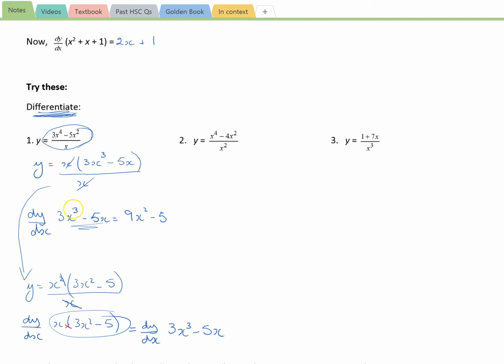Differentiate that, bring the power to the front, 3 3s are 9, subtract 1 from the power, minus 5. We would get the same answer eventually. 3 3s are 9, x squared minus 5. So while you get the same answer, you do set your solution up with a slight problem in it, because you've taken out more than you need.